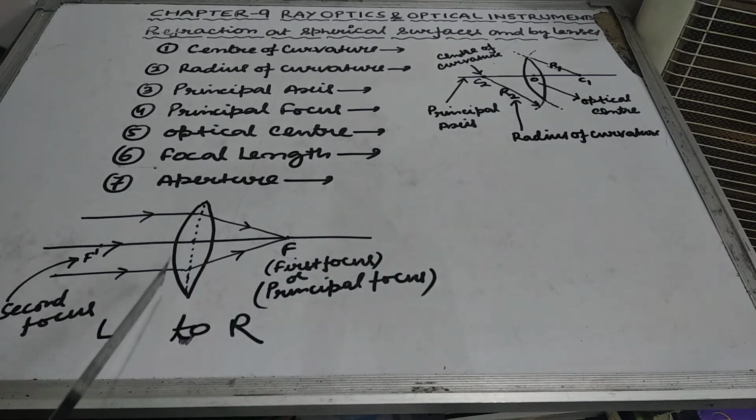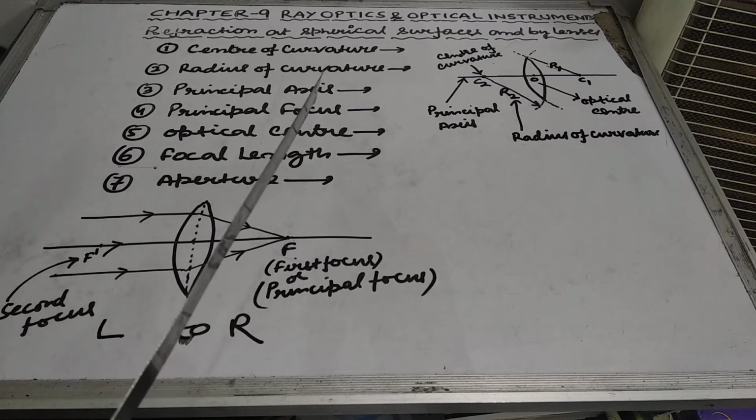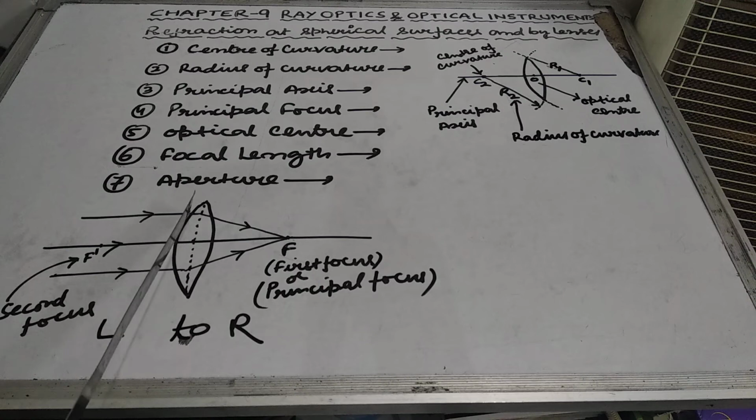And when we talk about the focus, the principal focus of a convex lens is a point on its principal axis. The light rays are coming parallel to the principal axis, and these converge after passing through the lens at this point.